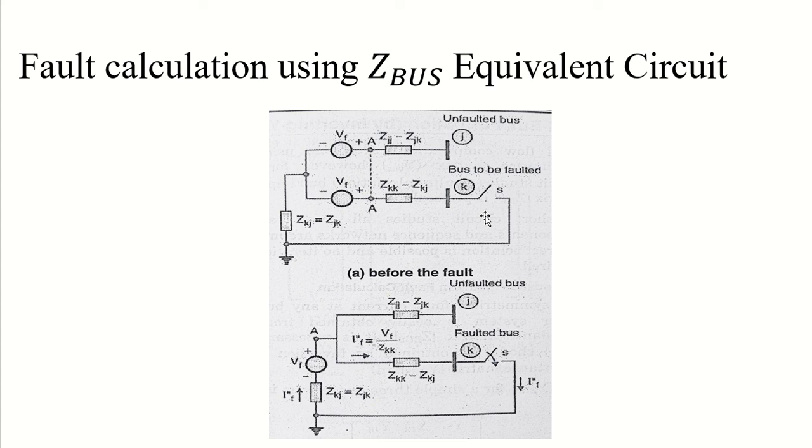Because it is open circuited. But at the moment when I close this switch, what will happen? The current will start to flow in the circuit towards the bus K, right? Because we are closing it here, so current will come towards bus K.